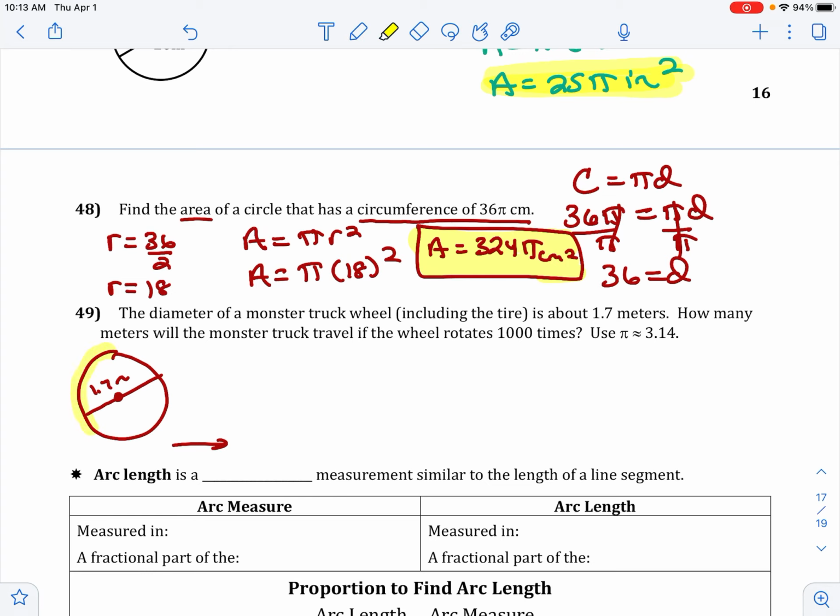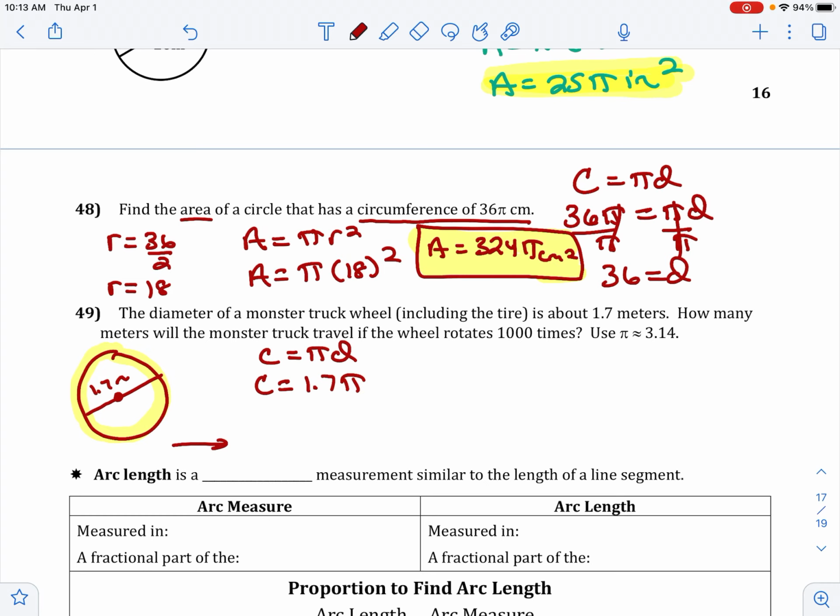Okay, so what we could do is find the distance around the circle. Then as it rolls, each time we can multiply by 1,000 to get our distance. So let's first figure out how far around the circle is. If I do circumference equals pi times diameter, that means circumference is 1.7 pi.